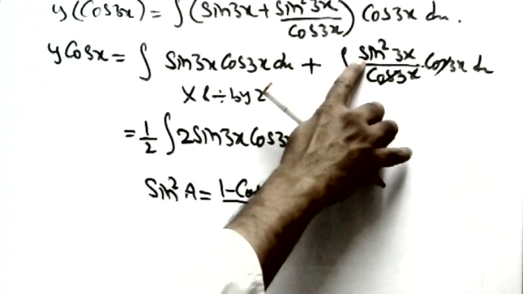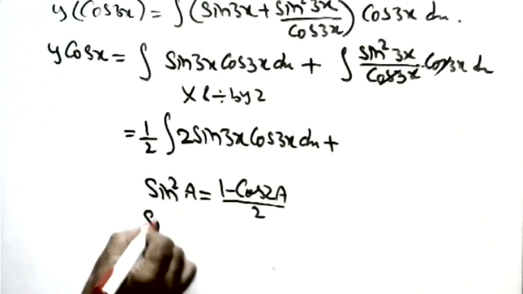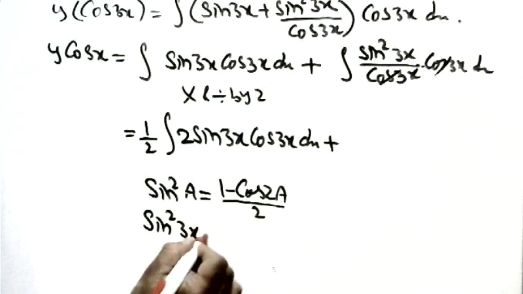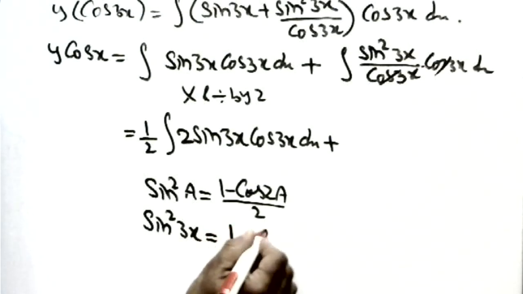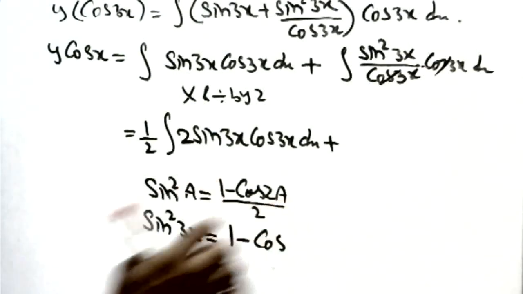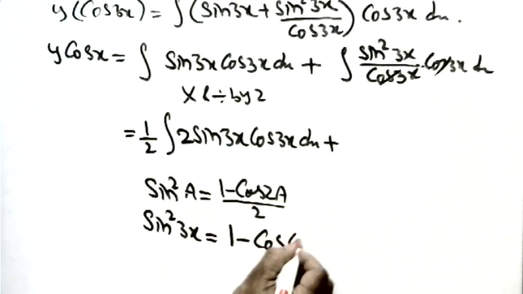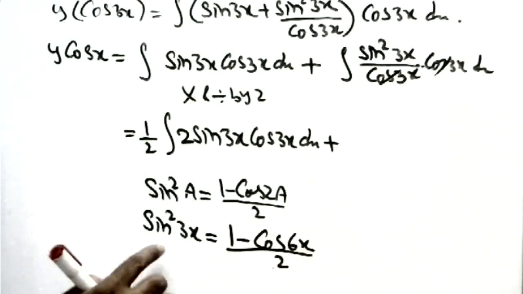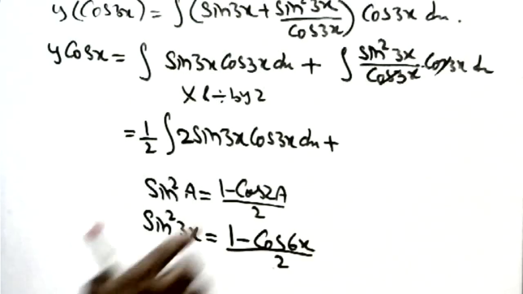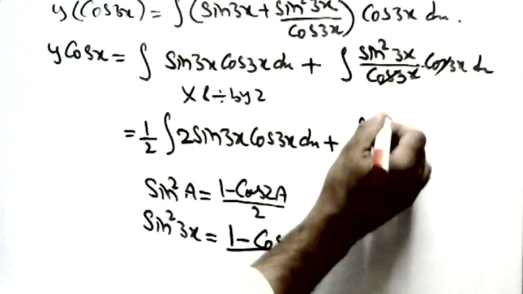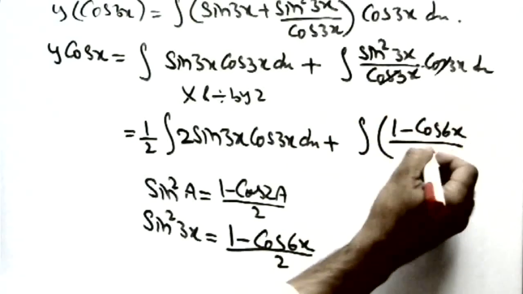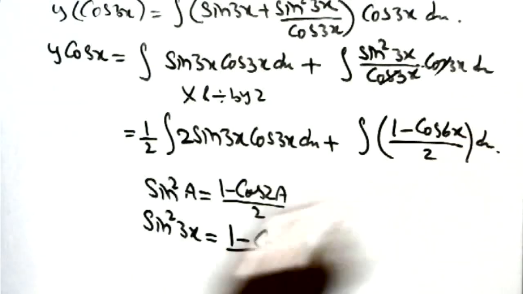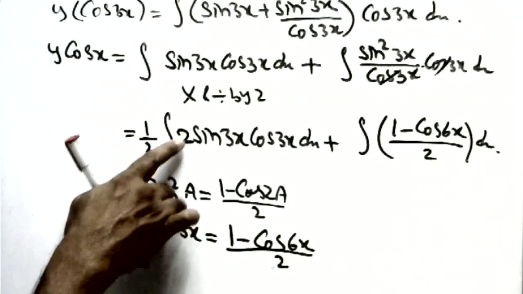Now we are having sine square 3x, so in place of a we are having 3x. 1 minus cos 2a means 2 into 3 will be 6x by 2. So this sine square 3x will be 1 minus cos 6x by 2 dx.